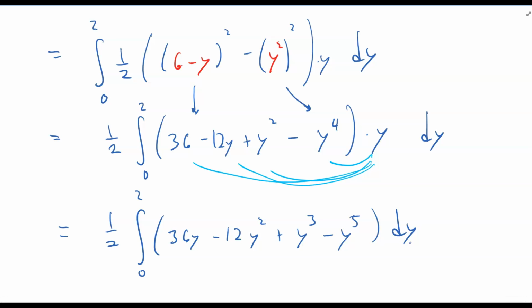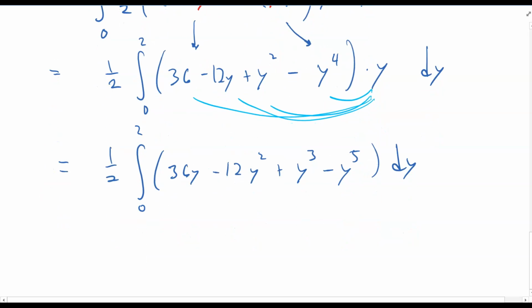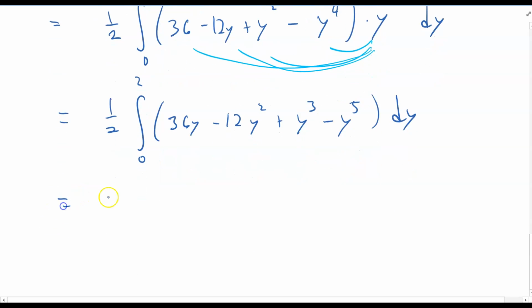And then finalizing it. Alright, so just a little bit of plug and chug work to do from here. So we get, as an antiderivative, 36 times 1/2 y squared minus 12 times 1/3 y cubed, right?